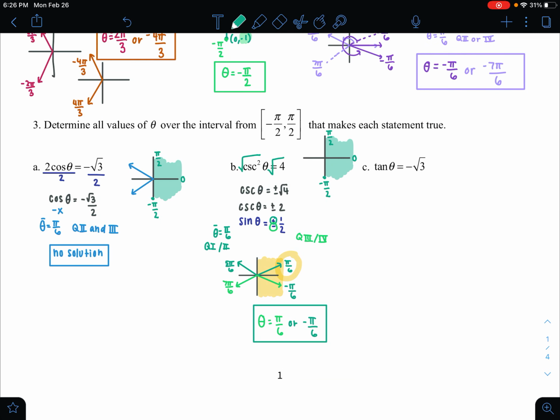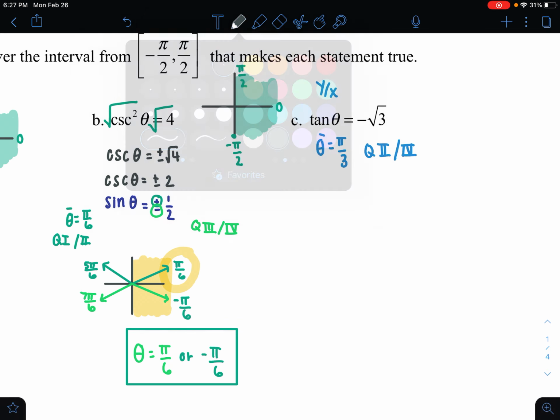All right, and then lastly, tangent. We know that anything that has a tangent, which is y over x, of root 3 has a reference angle of pi over 3, and that in quadrants 2 and 4, you have negative tangent. So let's go ahead and take a look.